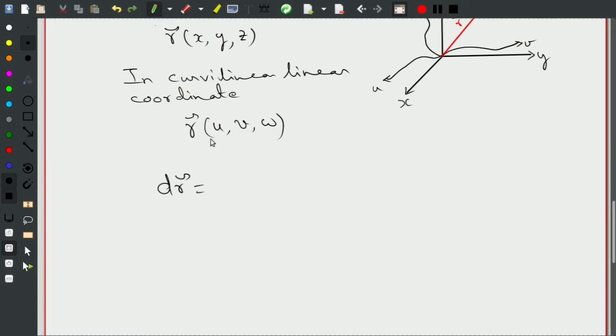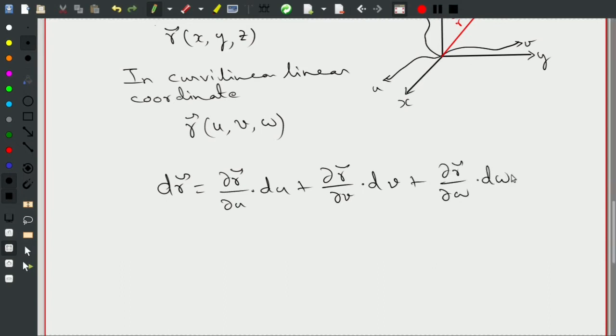Since this r is a function of u, v, and w, we have dr equal to dou r vector by dou u into du plus dou r vector by dou v into dv plus dou r vector by dou w into dw, right?